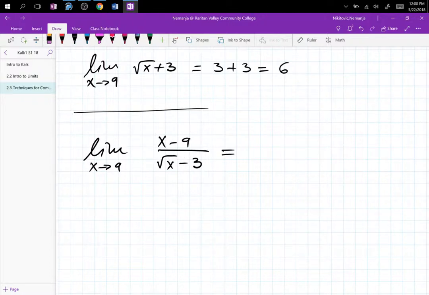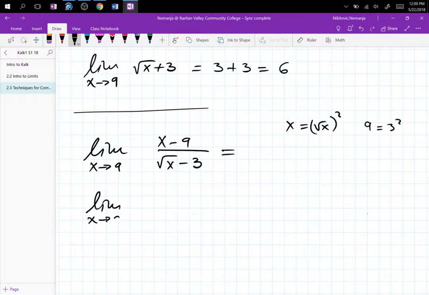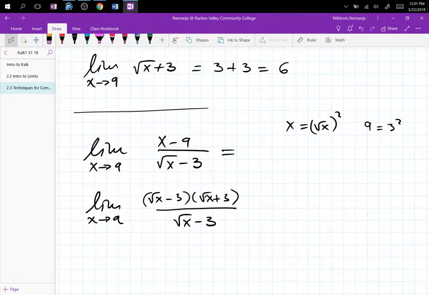I can rewrite x as root x squared. And I can rewrite 9 as 3 squared. So I have a difference of squares. So I can go limit x goes to 9, and when I factor this using difference of squares, I have root x minus 3, root x plus 3, divided by root x minus 3 that was there already. This cancels, and it's 6 right away.